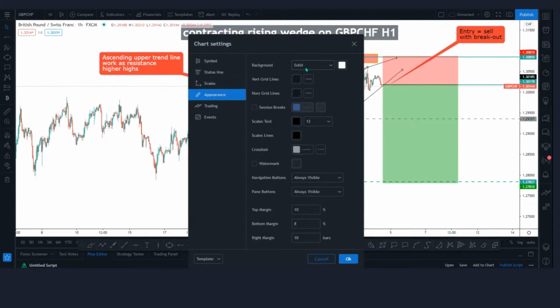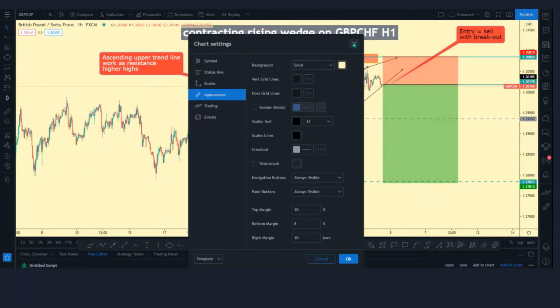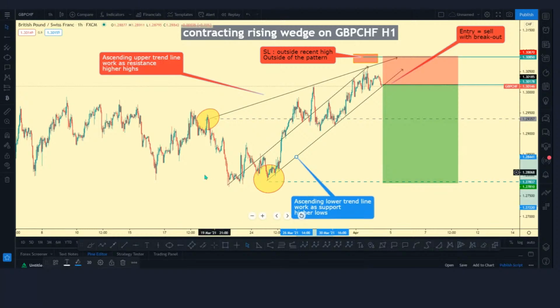I think this yellow is good. Okay, guys, so we can just publish this one.